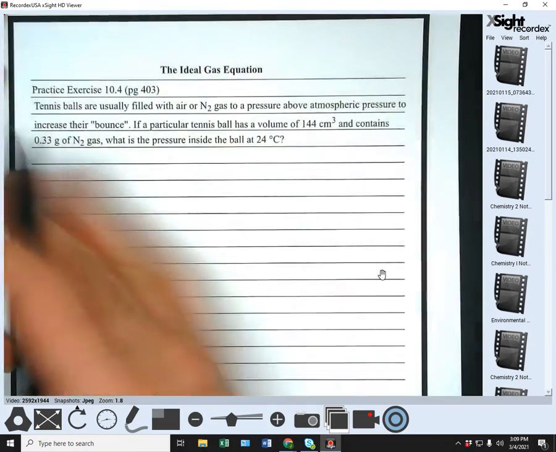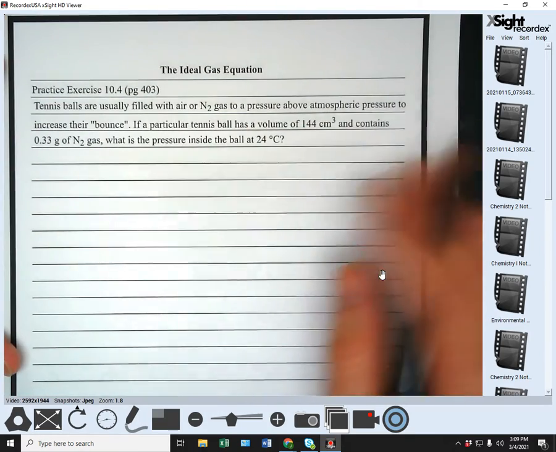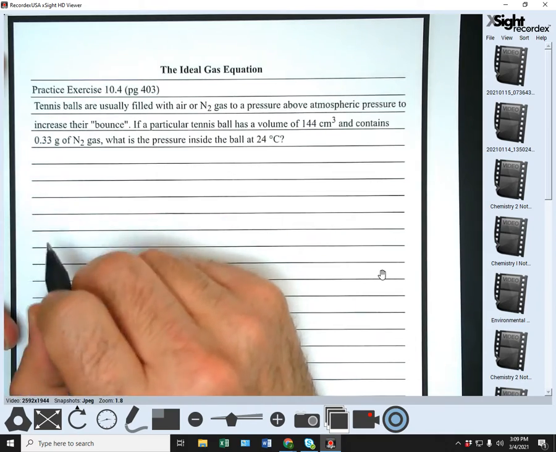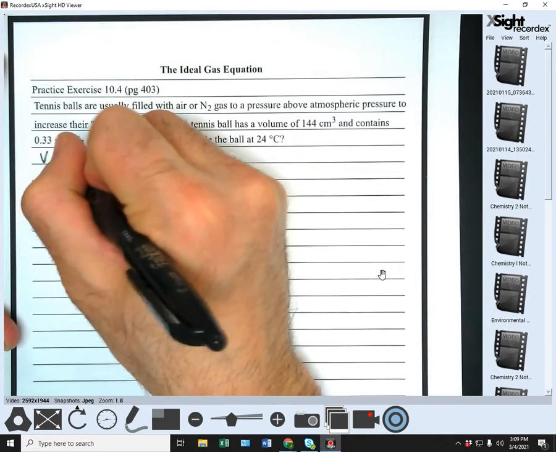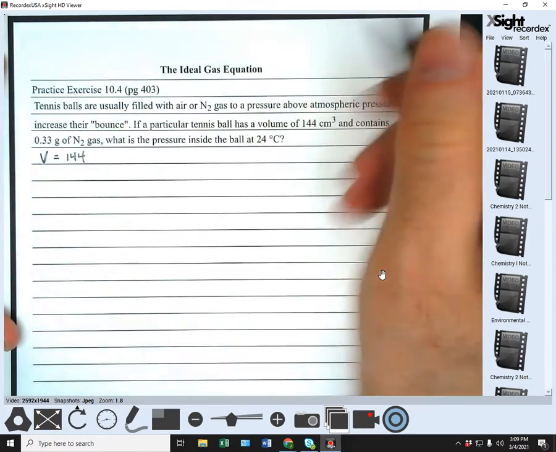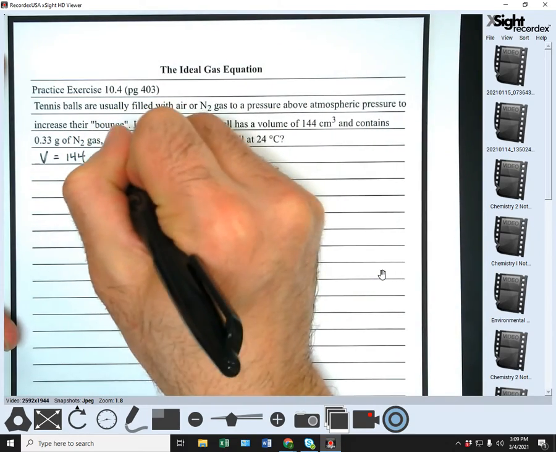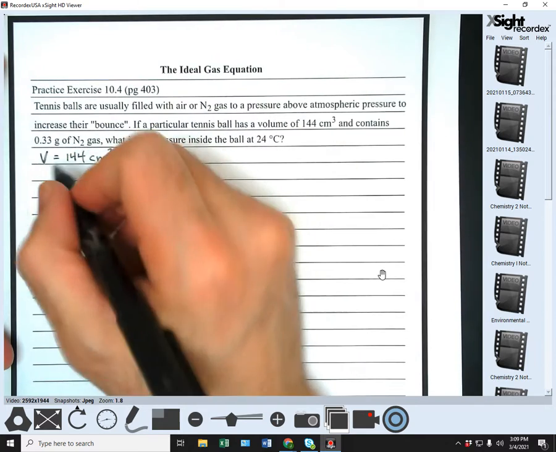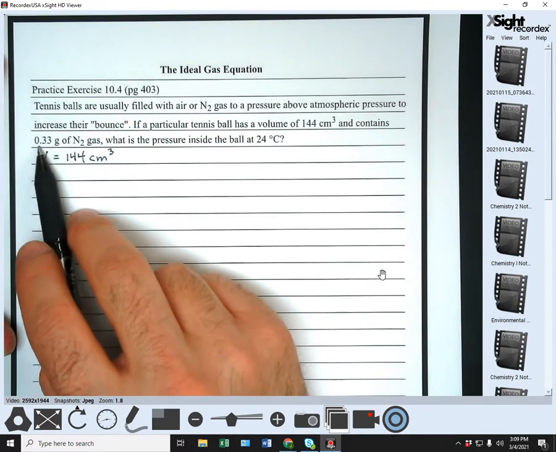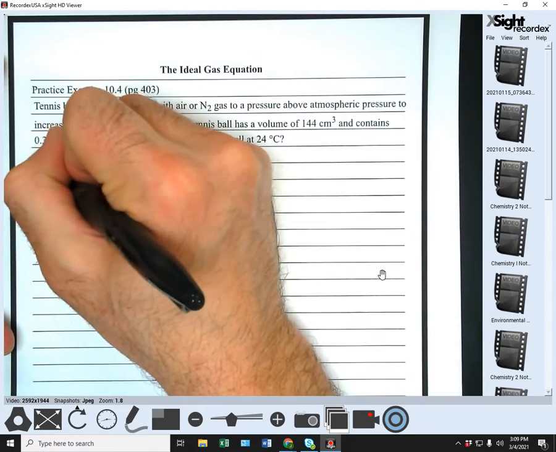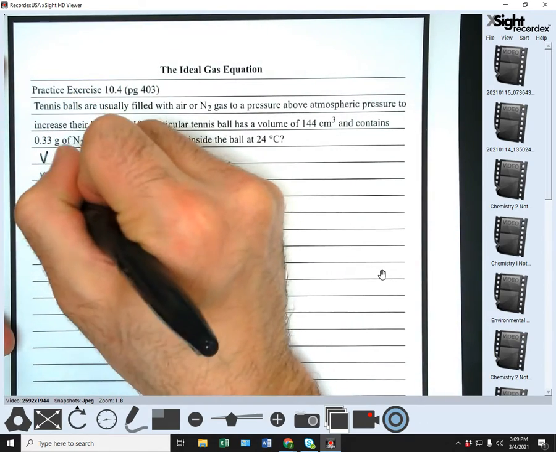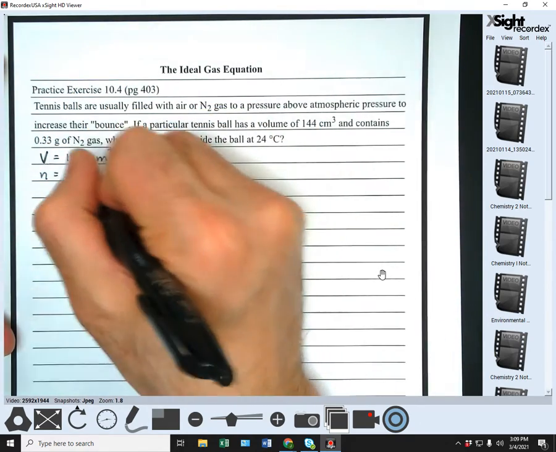So again, just going to first list out the variables. We've got a volume of 144 centimeters cubed. We've got 0.33 grams of N2 gas. It's grams, that's actually the variable n, because we can turn grams into moles.